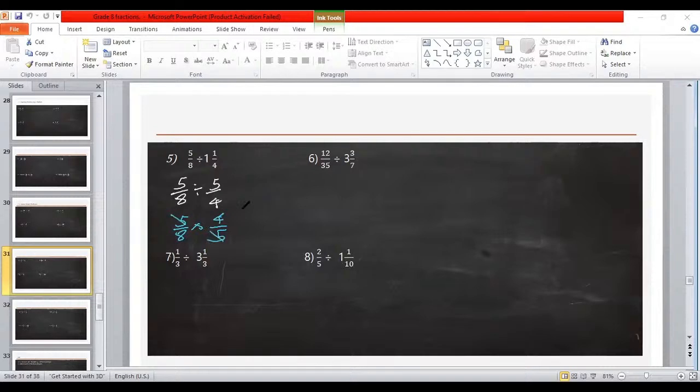Cancel out over the line and below the line. How many 5's, 1? How many 5's, 2? 1 times 1, 1, 2 times 1, 2. 1 over 2. 12 over 35 divided by 3 times 7, 21 plus 3, 24 over 7. 12 over 35, write the reciprocal of this, 7 over 24.